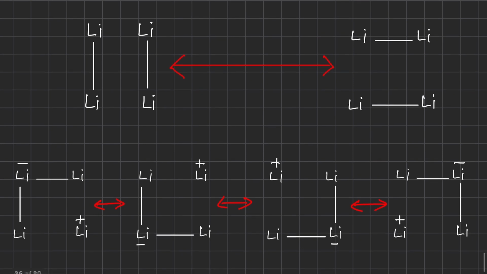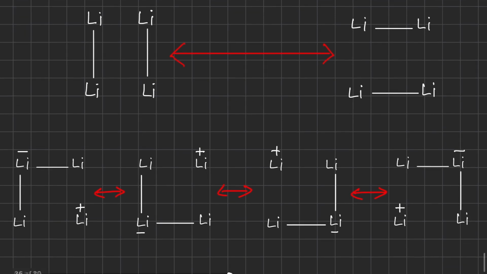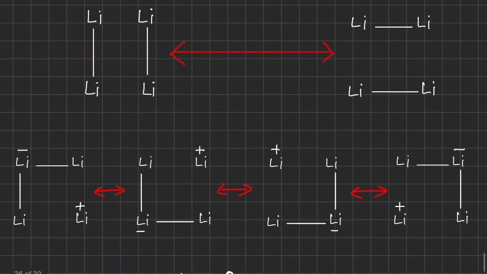But the question is, if there is a single bond between two atoms, either downward or sidewise, then how are metals so strong? The strength in bonding cannot be explained by assuming only a single bond between two metal atoms.